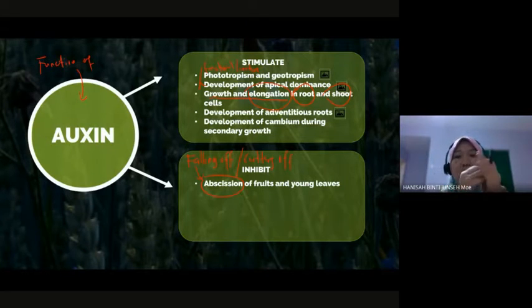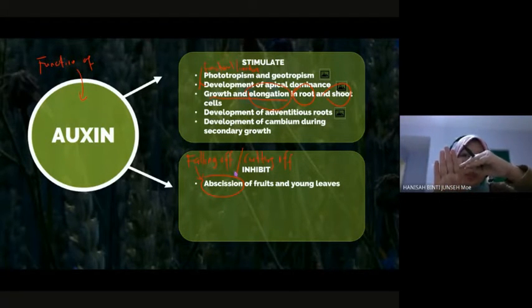Okay, this is the plant, this is the stem, and this is the leaf. When the leaf falls off, we call it abscission. Leaves or fruits. So logically, when auxin promotes growth, it will stop the abscission.